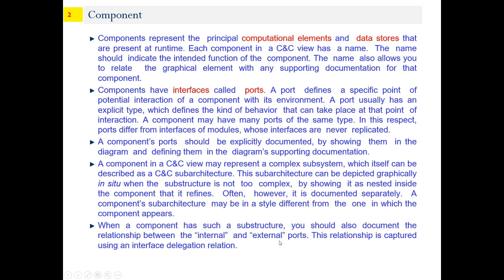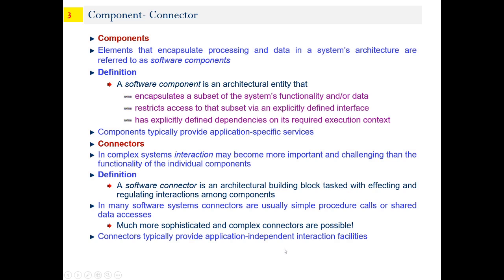External ports are there for communicating between the components, and within the components you can use the internal ports. Components are again architectural entities. They work with functionality and data in an encapsulated manner, with restricted access.